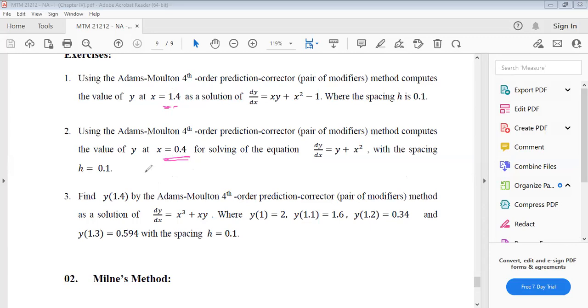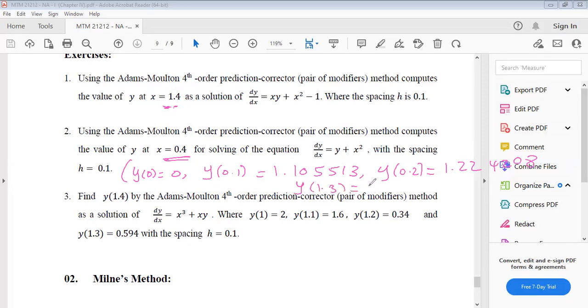The x values are not given. I'll give you the y values only. y0 is equal to 0, y at 0.1 is 1.105513, y at 0.2 will be 1.224208, and we need one more thing, let's say 1.37359576.